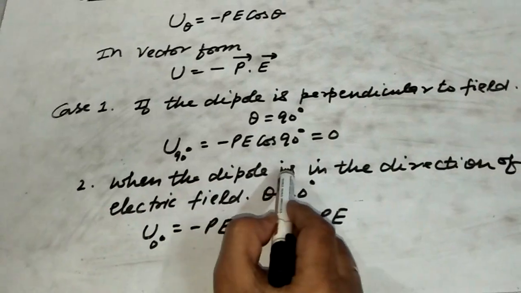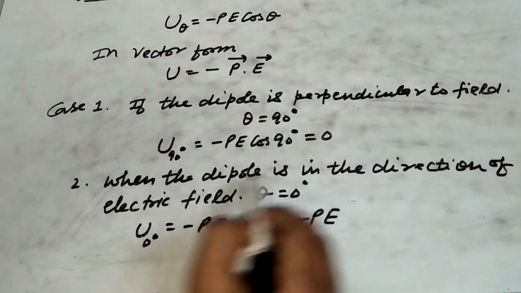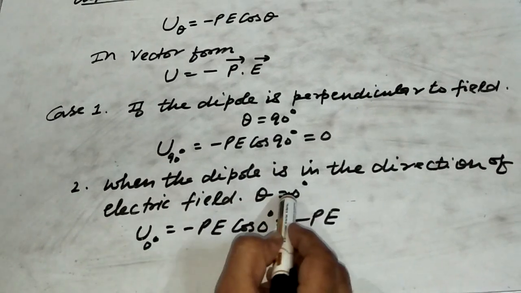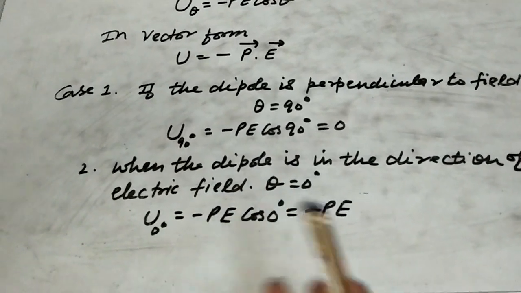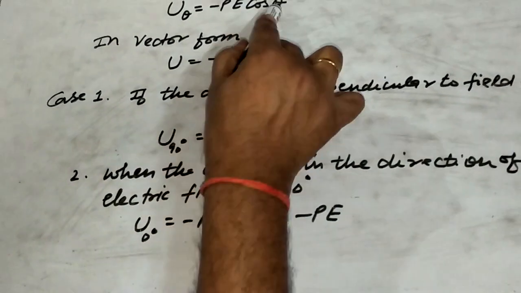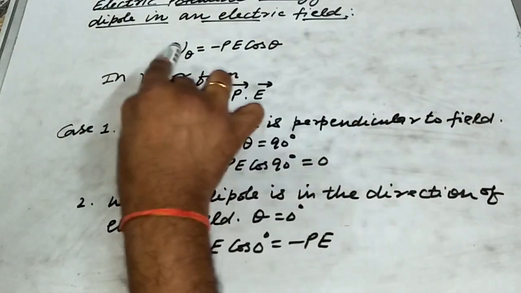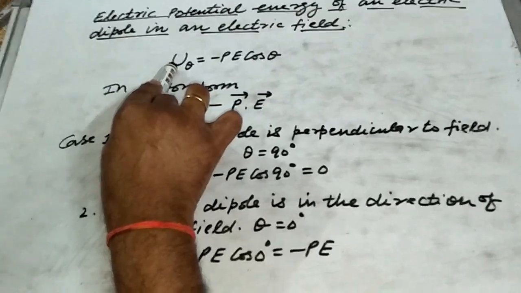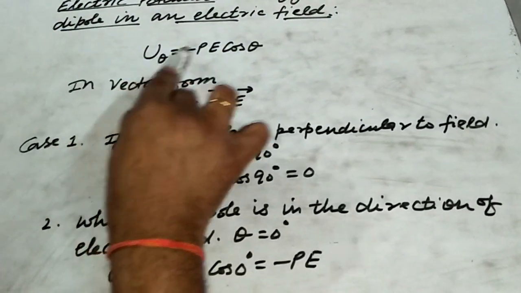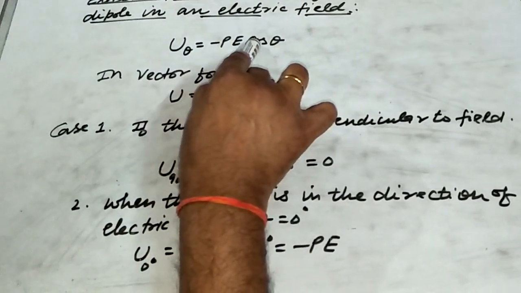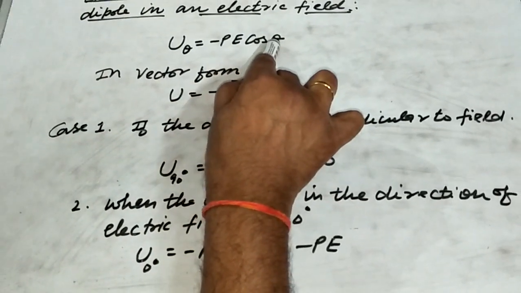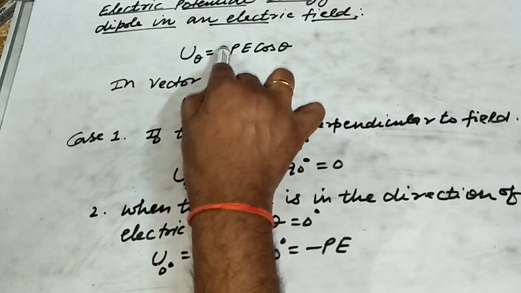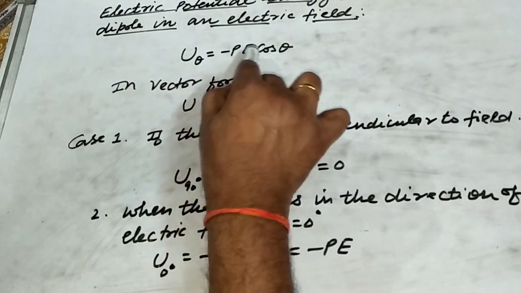Similarly, when the dipole is anti-parallel to the electric field, meaning theta is equal to 180 degrees, the potential energy of the dipole is given by U180 = −pE cos 180, and cos 180 is minus 1, so minus into minus is plus, so U180 = +pE.